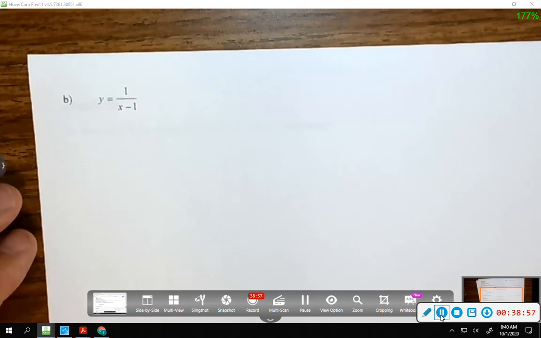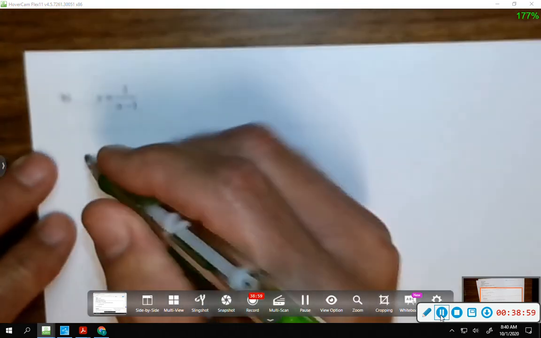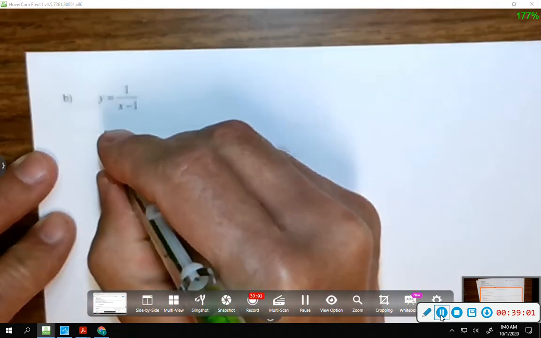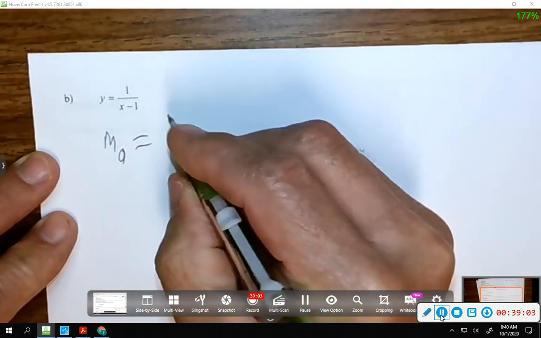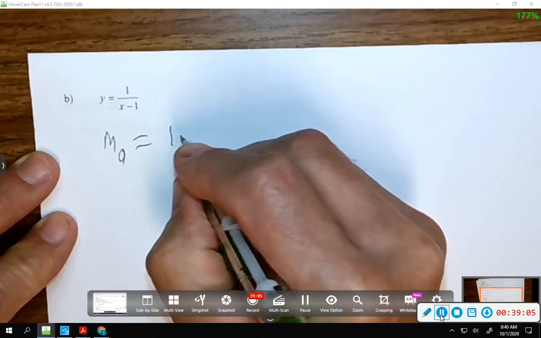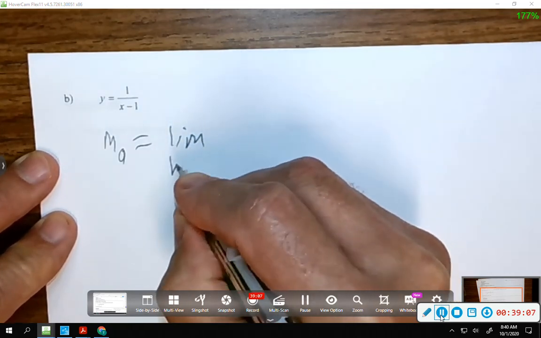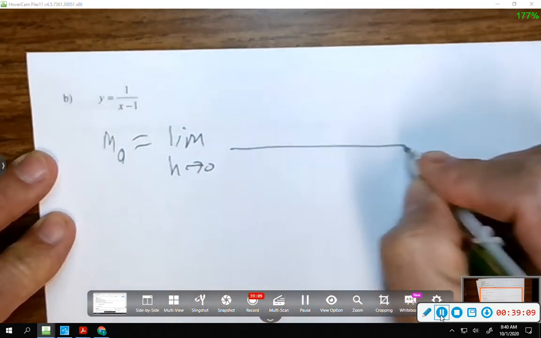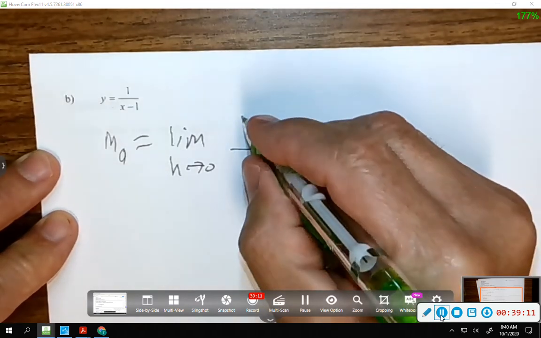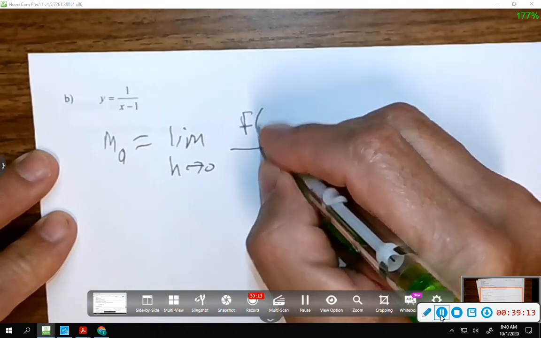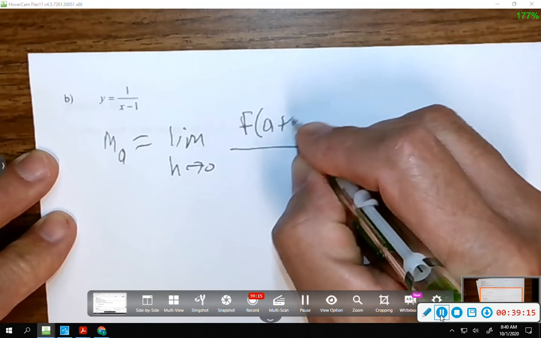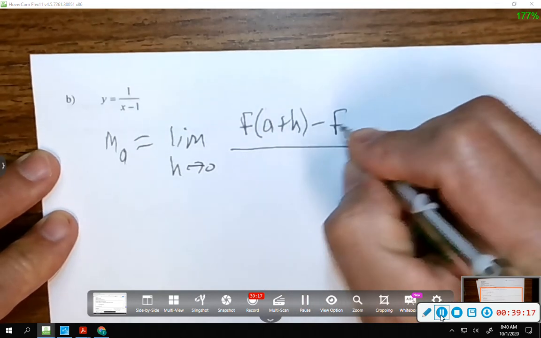Start the same way. The slope at a is going to be the limit as h approaches 0 of f at a plus h minus f at a all over h.